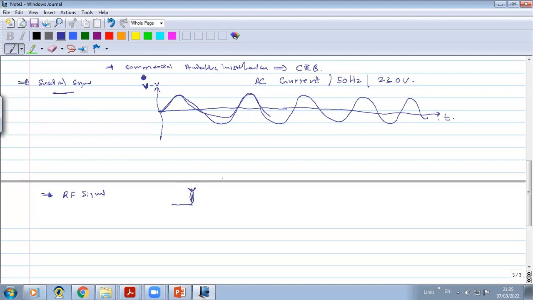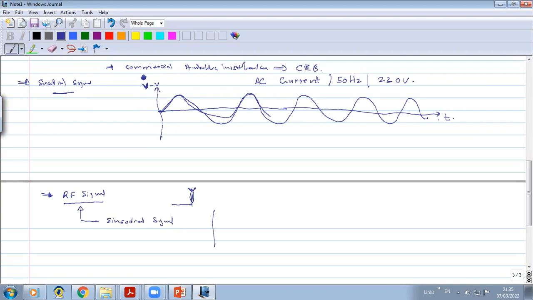So we have to convert our information signal into an RF signal. In many cases, this RF signal is a sinusoidal signal.